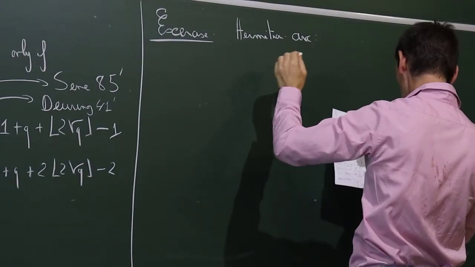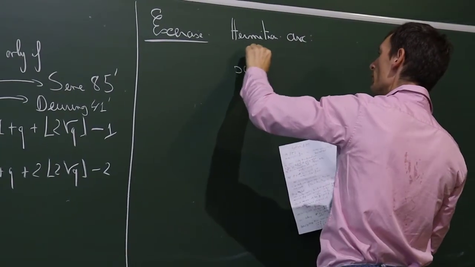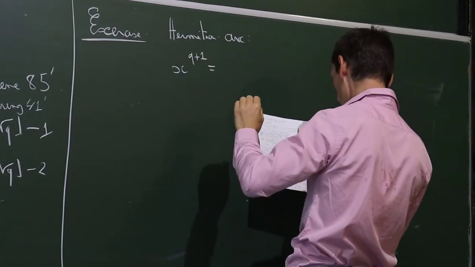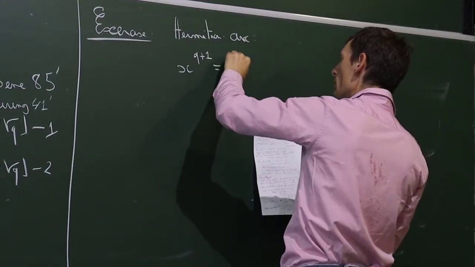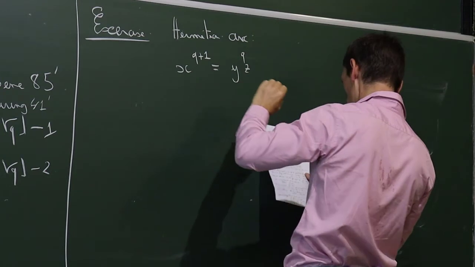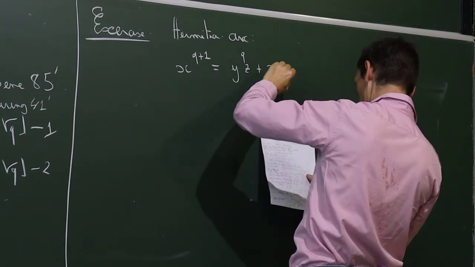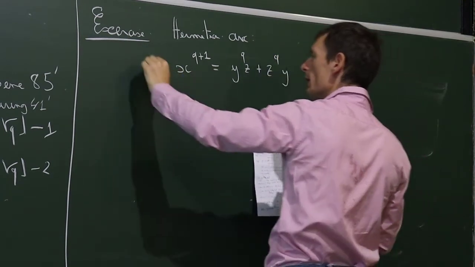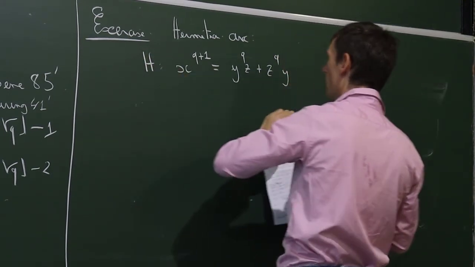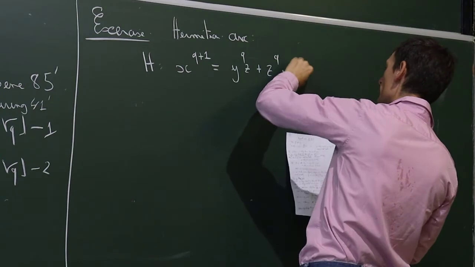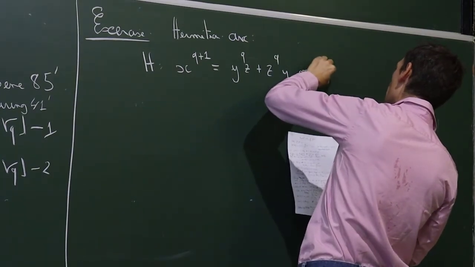It's maybe not the most known equation, but this is one of them. Let me write it projectively for you, plus y, so I'm going to call it H, over F_{q^2}.